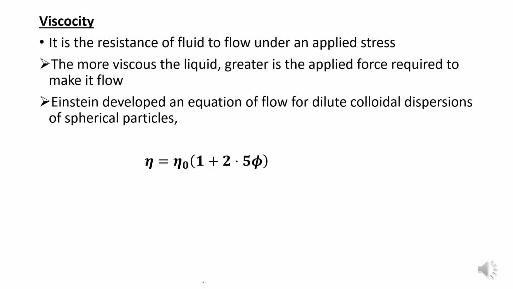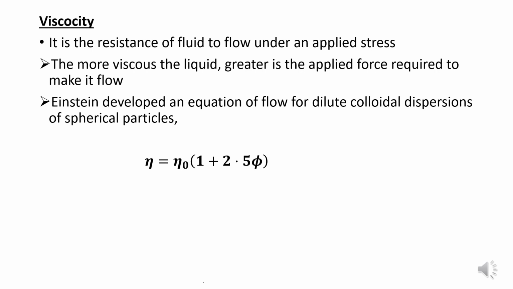Now, viscosity in colloidal systems. In colloidal dispersions, the suspended particles affect the fluid's viscosity. That means the presence of particles increases the internal friction, making the fluid flow more slowly. The effect depends on particle size, shape, and concentration.